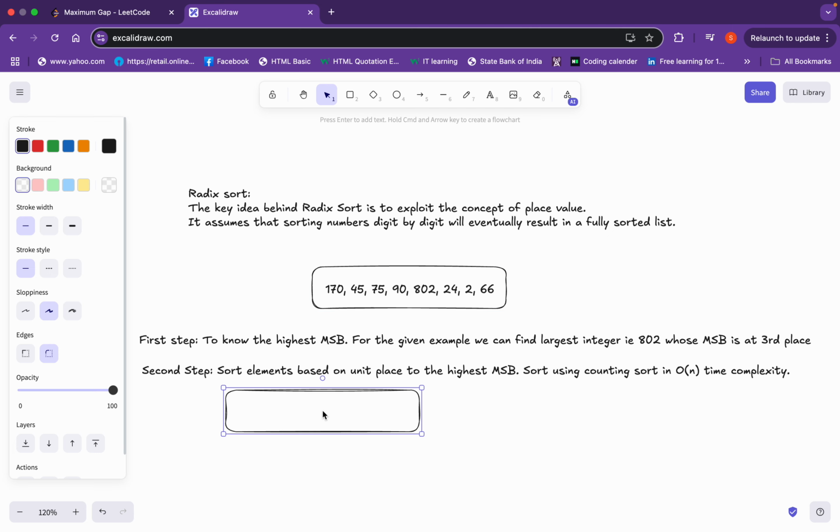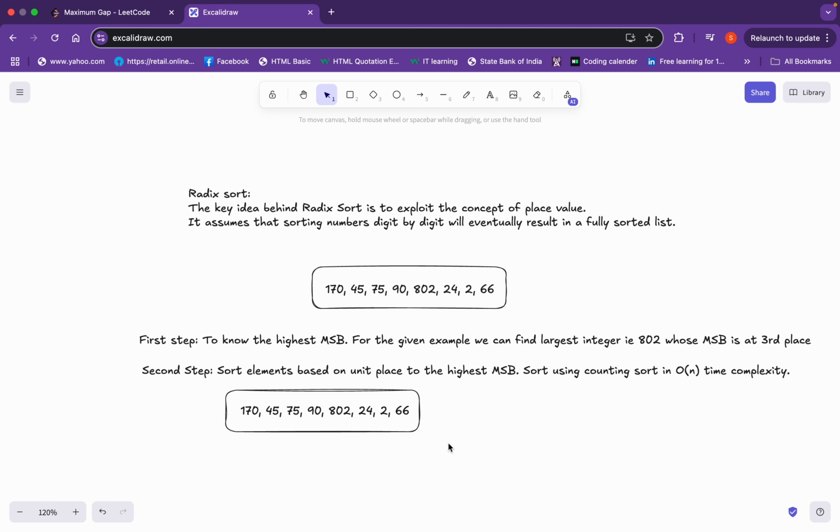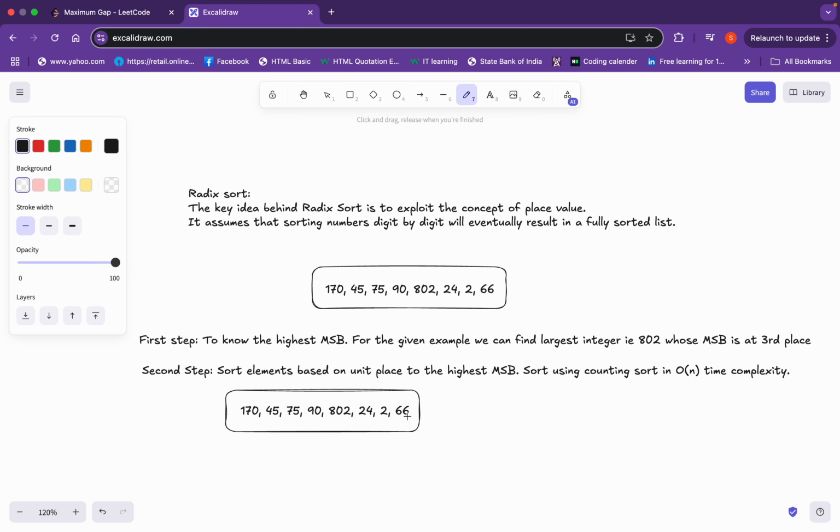So let's start the Radix Sort. First we need to sort the elements using unit place. This, this, this, this, this, this.